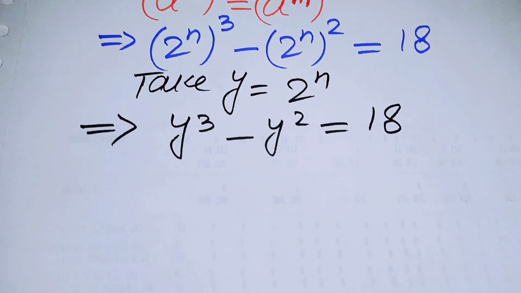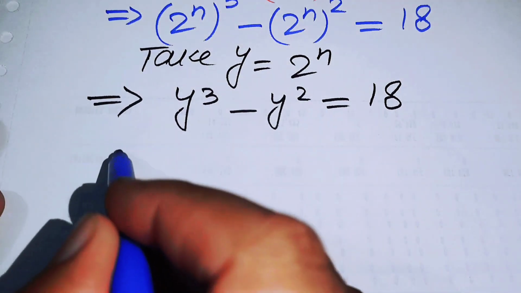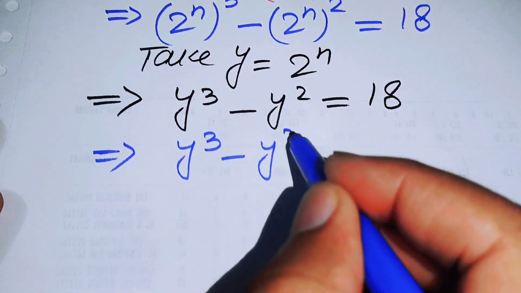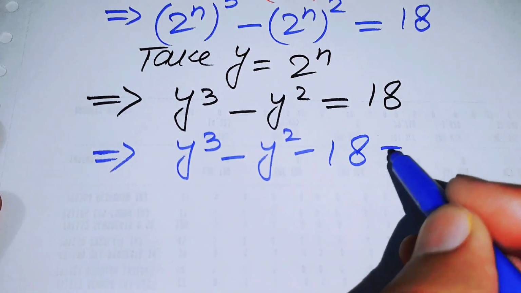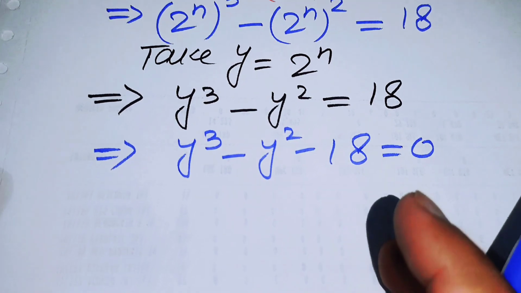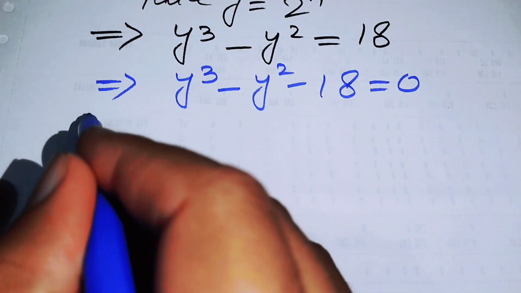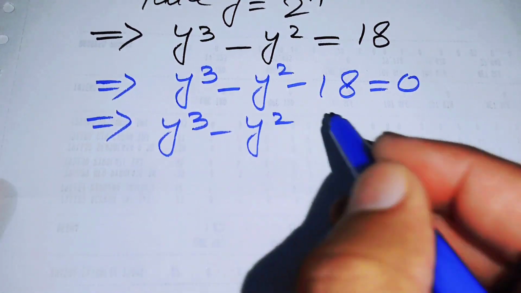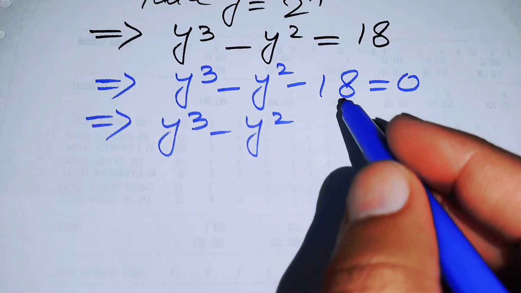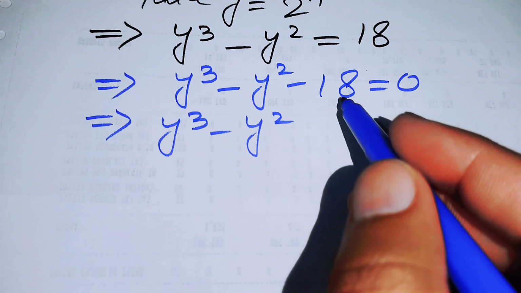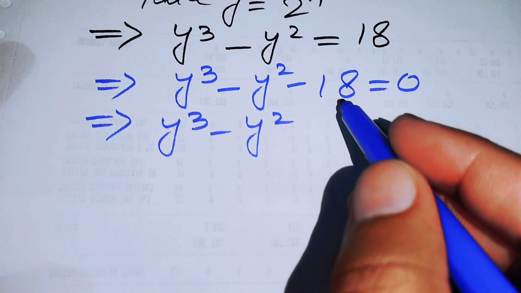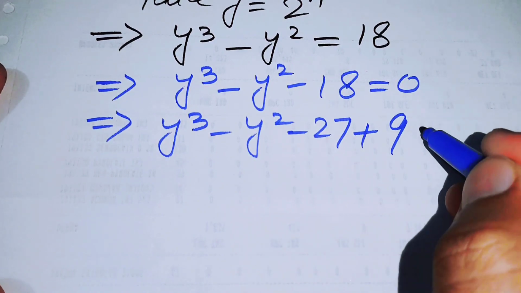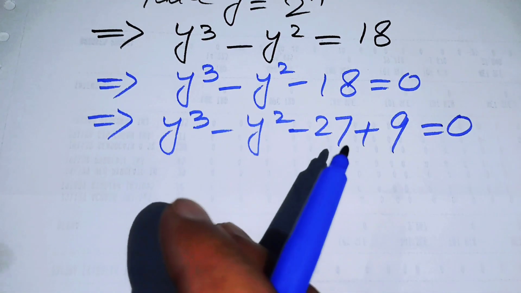Here we move this 18 to the left hand side, and you can write y cubed minus y squared minus 18 is equal to 0. We will rewrite this equation as y cubed minus y squared, and we can write this minus 18 as minus 27 plus 9 is equal to 0.